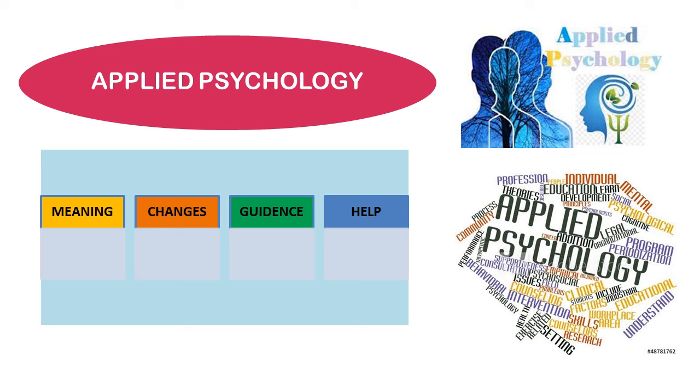Changes: it talks about the change that is required for proper or better adjustment. For example, to know the factors that motivate student behavior in the classroom, to identify them and create a better classroom environment.